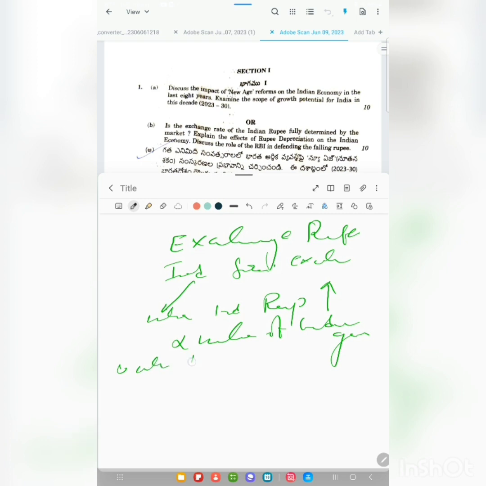When the demand for the Indian rupee goes down, its value goes down. As simple as that. However, in some exceptional situations, the Reserve Bank of India tries to intervene in the exchange rate market.